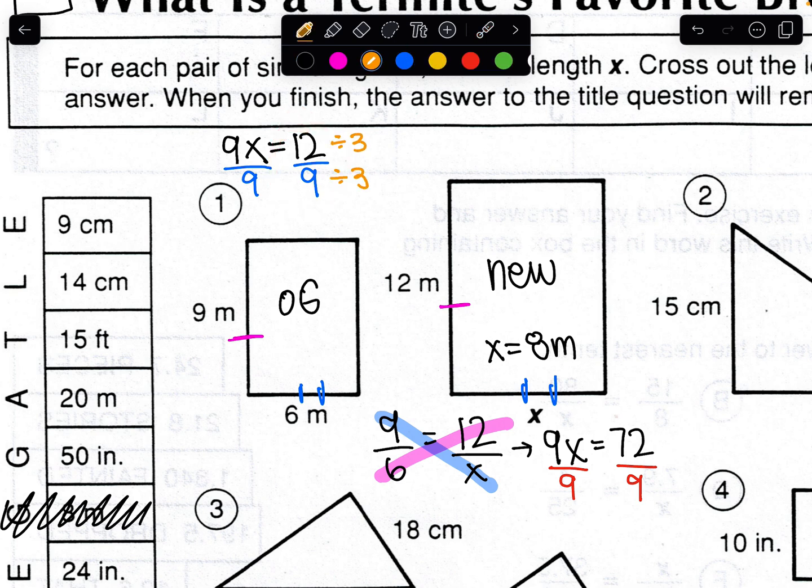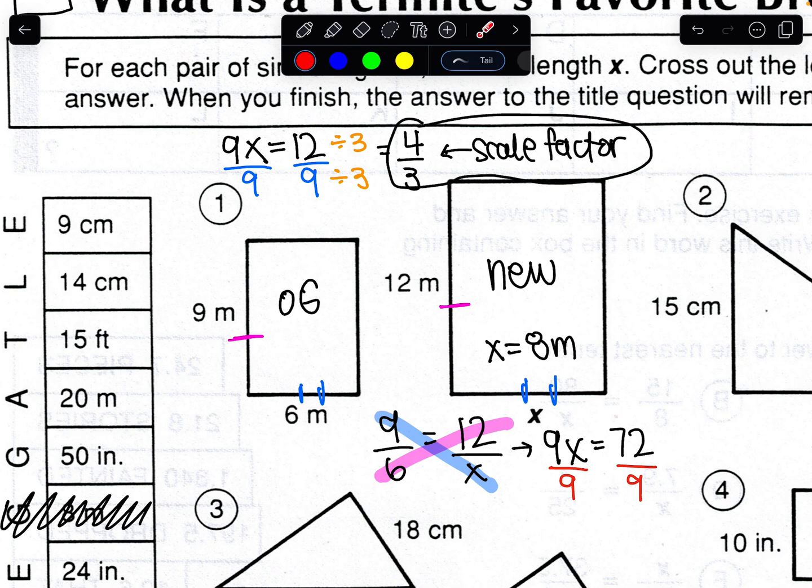Divide by 3, divide by 3, which means that the simplified form of this fraction is 4 over 3. And that's my scale factor, aka the new figure is 4/3 times bigger than the original.